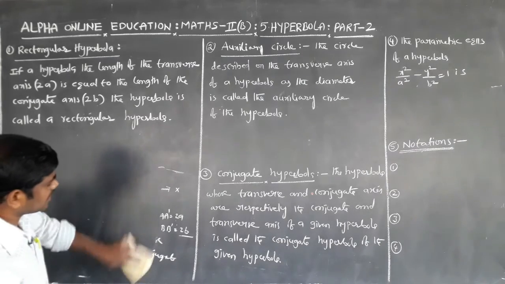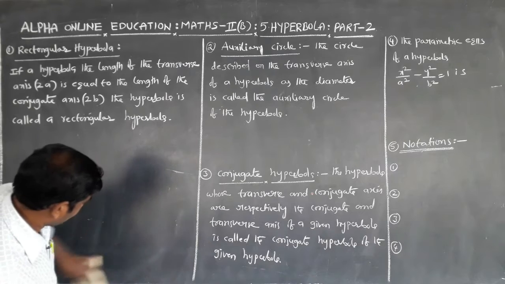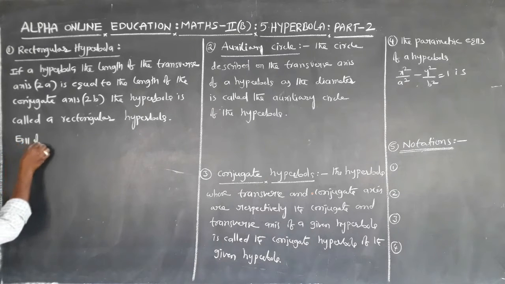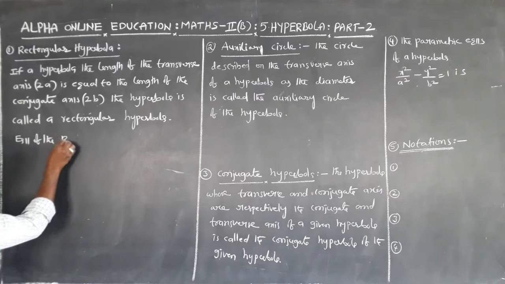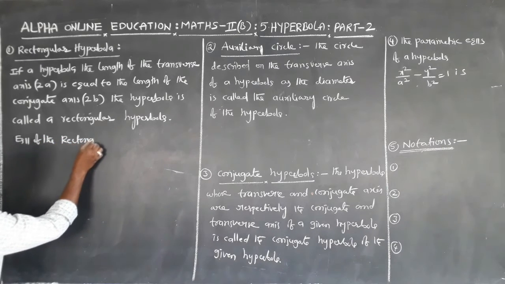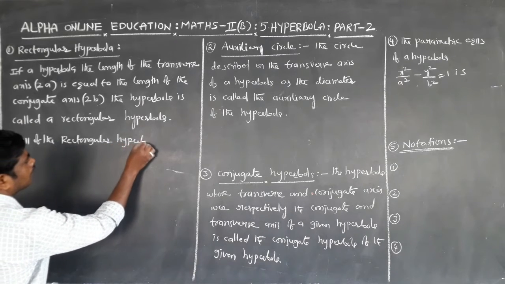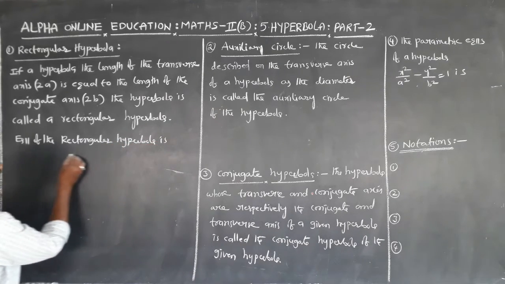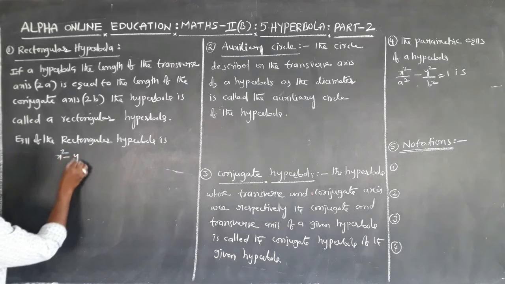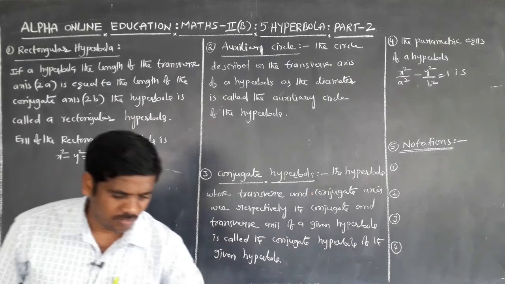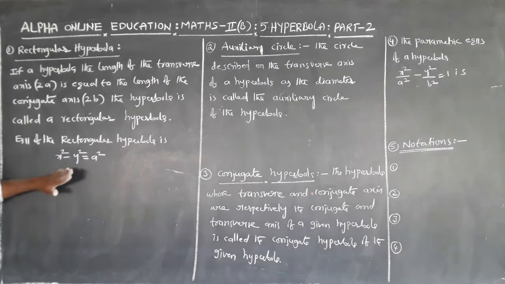Here the equation of the rectangular hyperbola is x square minus y square is equal to a square. This is the equation of the rectangular hyperbola.